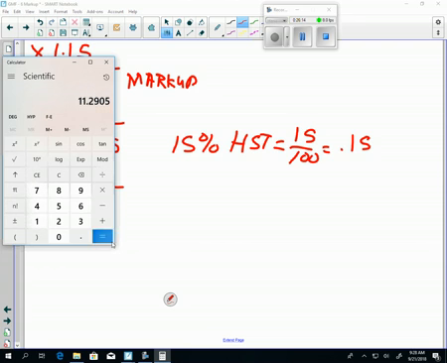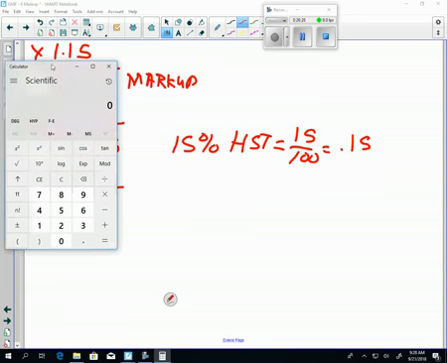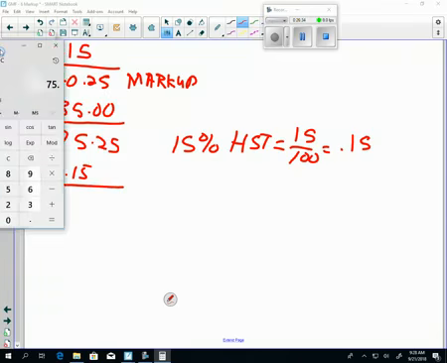My taxes are going to be $11.29. Okay, clear it again. 75.25? Should be 75.25, right? Yeah.